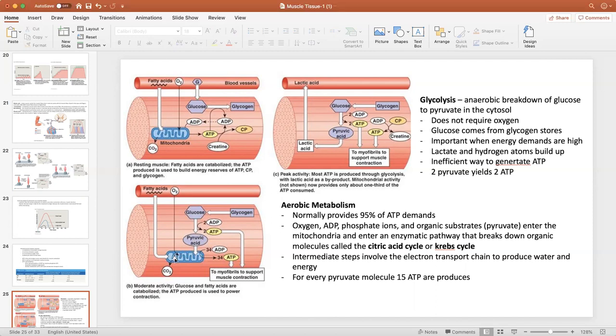We use that pyruvate in the mitochondria with oxygen, and the electron transport chain creates a lot more ATP. So for every pyruvate, we get 15 ATP. So we have a lot more efficient system when we do that. But again, it takes longer to get this. It's a longer cycle to get this.